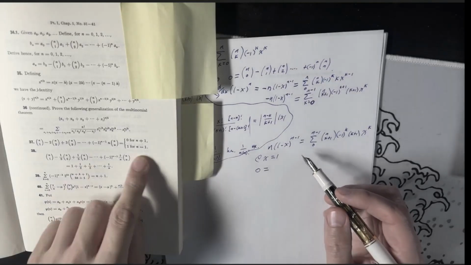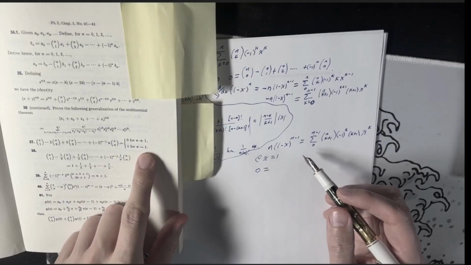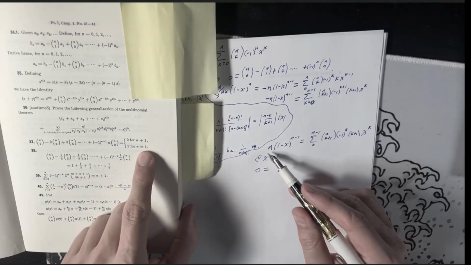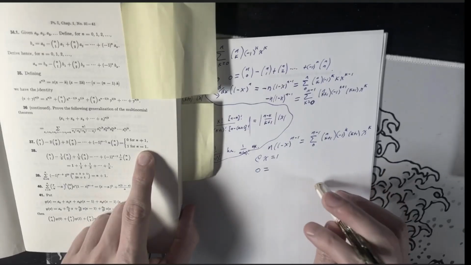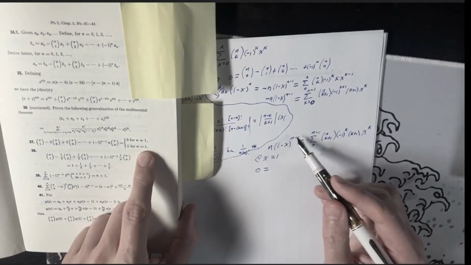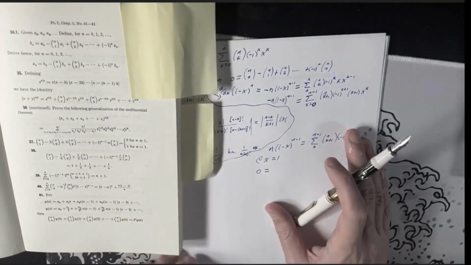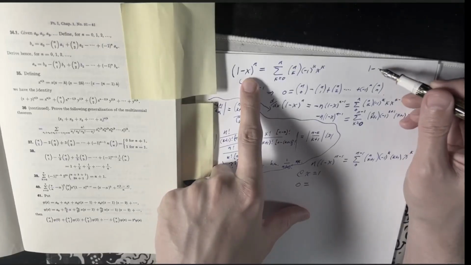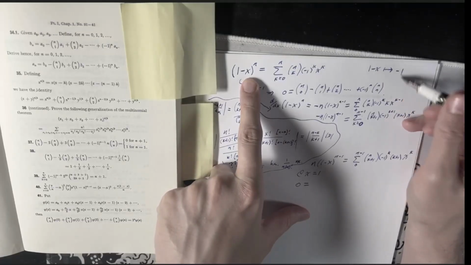Well, they made a little point here. Like if n is 1, then yeah, this is just gone, and you're getting, well, you're getting 0 to the 0, first of all. But if n is 1, back here, the derivative of this is negative 1.